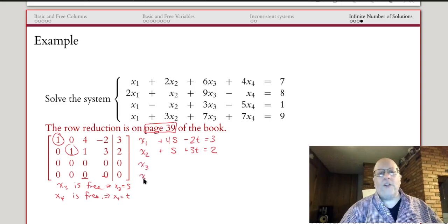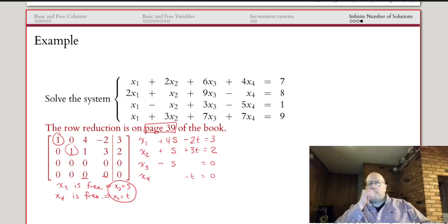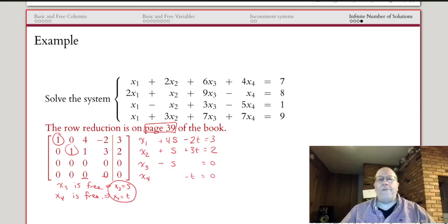I need an equation for x3 and x4. But I have them right here. x3 is equal to s, so x3 minus s will be equal to 0. And x4 minus t will be equal to 0.